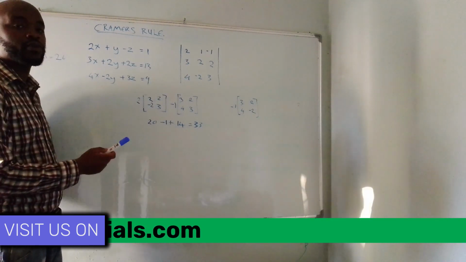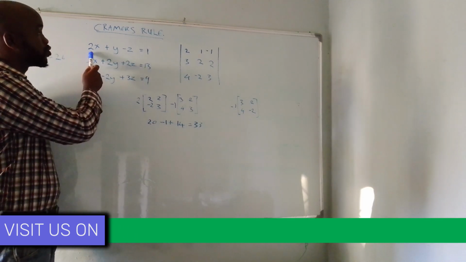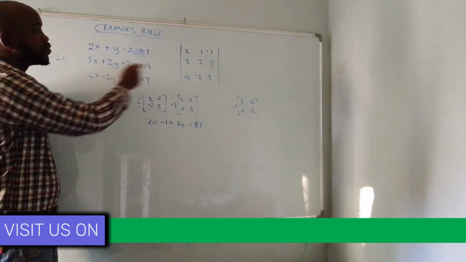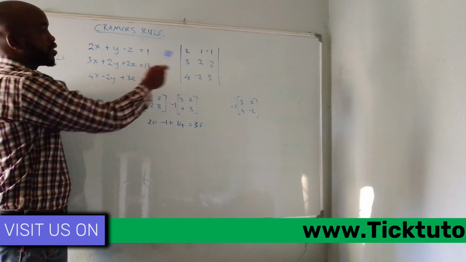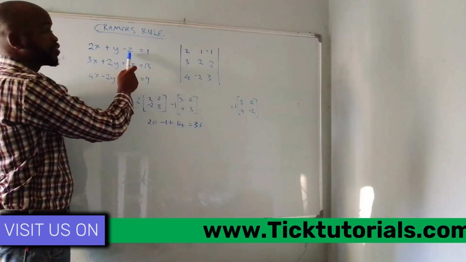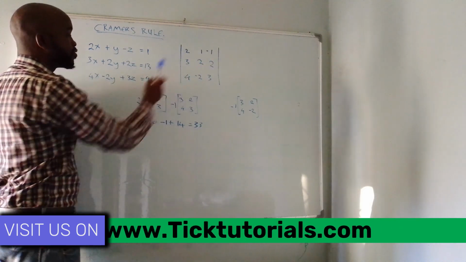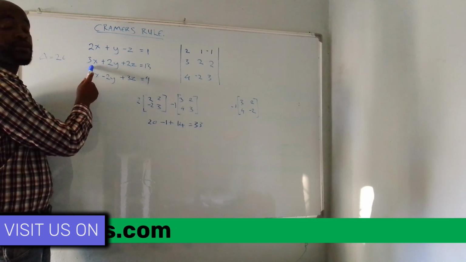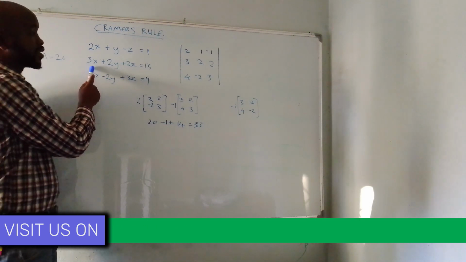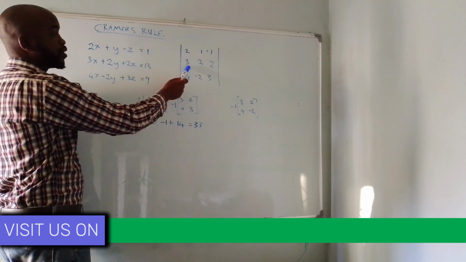So we're going to get the coefficient of x there, which is 2. And the coefficient of y there, which is 1. The coefficient of z there, which is -1. And then as you can see, we've also gotten the coefficient of x in the second equation, which is 3.